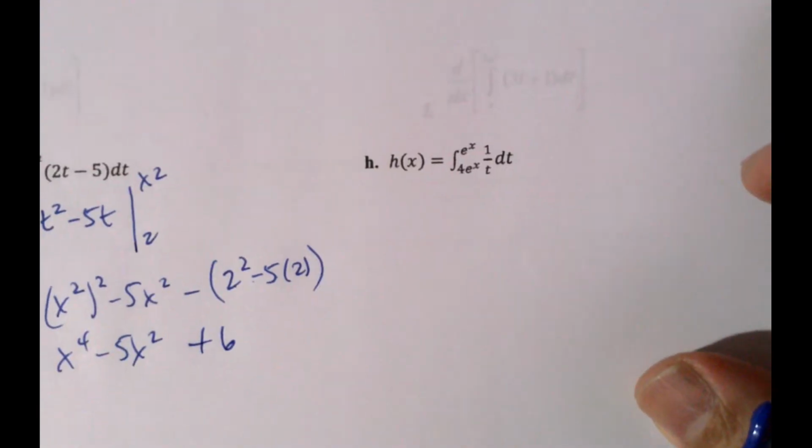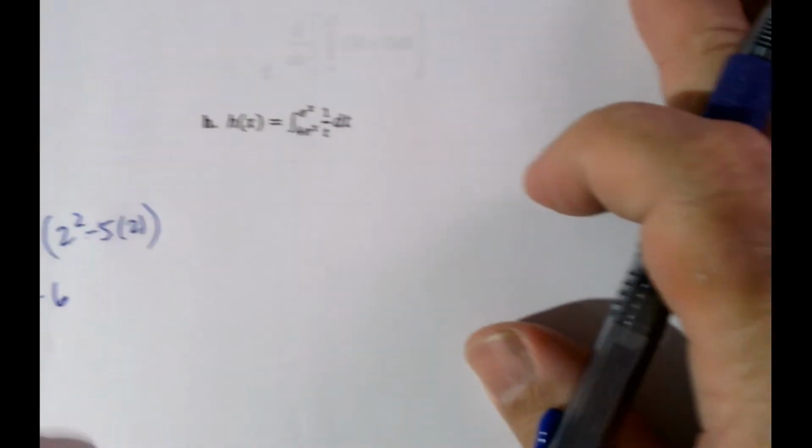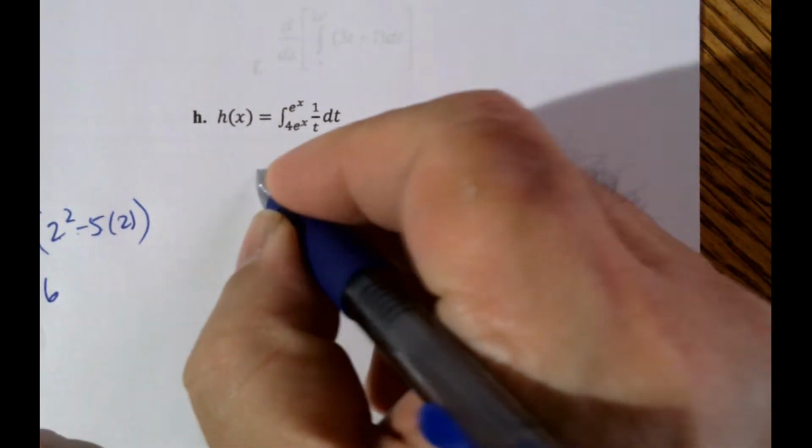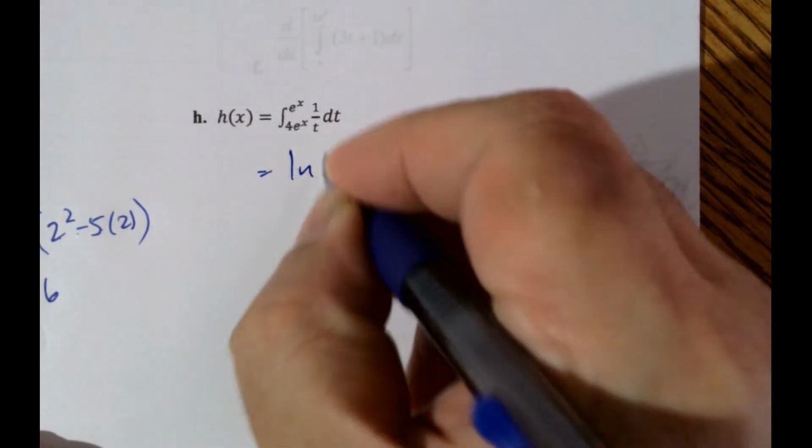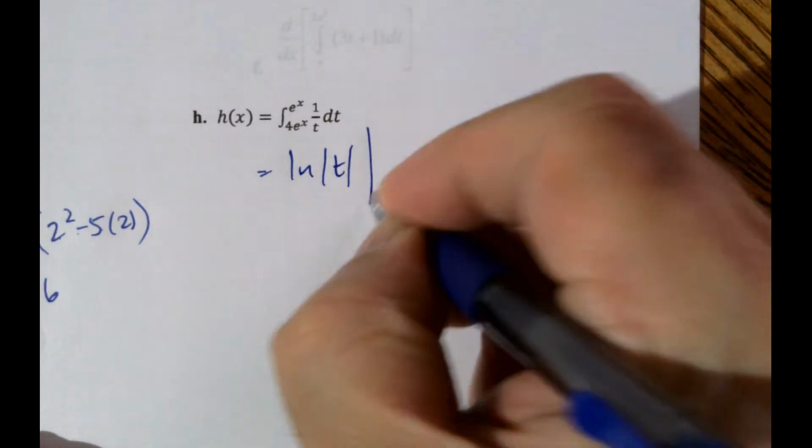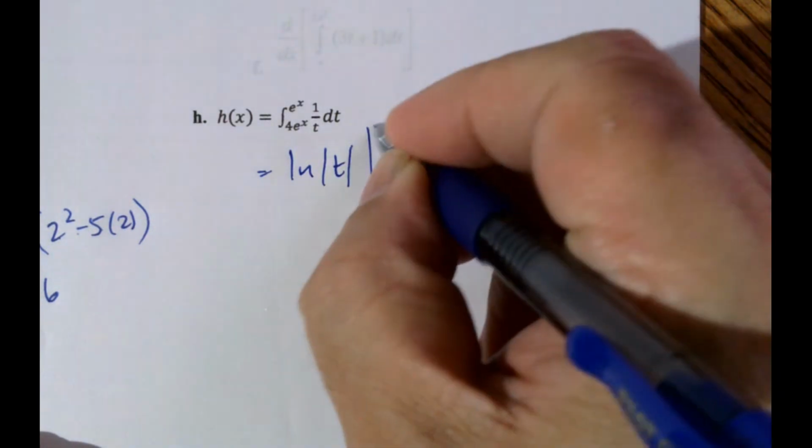H was requested in class. So the integral of 1 over t is natural log of absolute value of t. Take that from e to the x to 4e to the x.